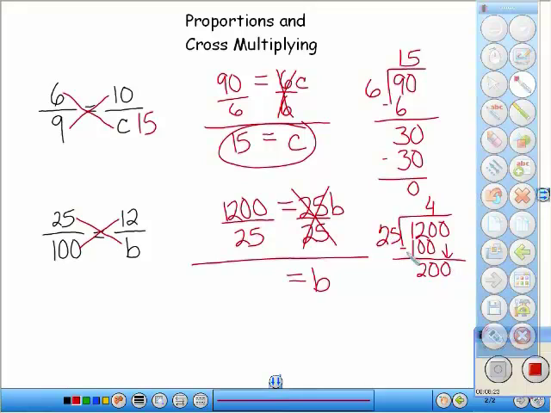Do it again. 25 goes into 200 8 times. Or if you think 8 quarters in $2, multiplying that out, I will get a remainder of 0. So my answer, 48. So b equals 48. The missing variable right down here would be 48. So that's finding proportions using the cross-multiplying method.